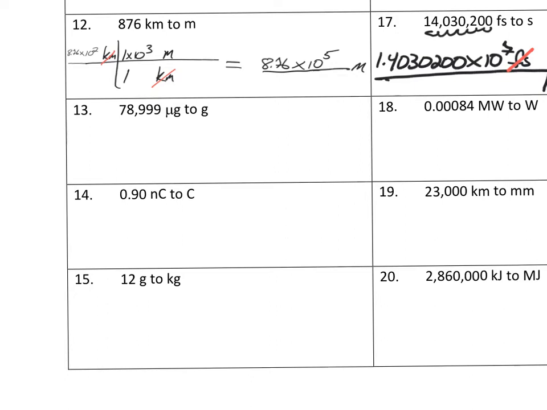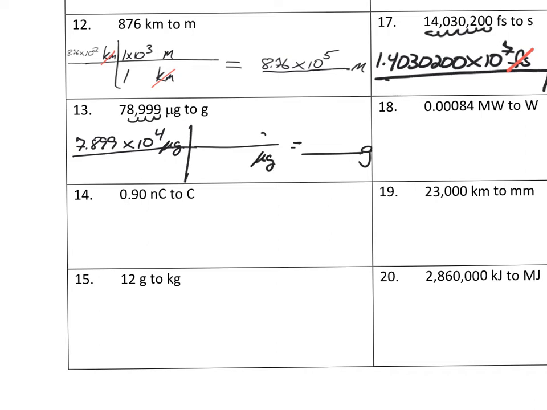78,999 micrograms, and I'm going to write 7.899 times 10 to 1, 2, 3, 4, times 10 to the 4th power micrograms. You missed the 9. It's 3 now. Oh, thank you. And I want grams, so I'm going to get rid of micrograms, and I want grams.